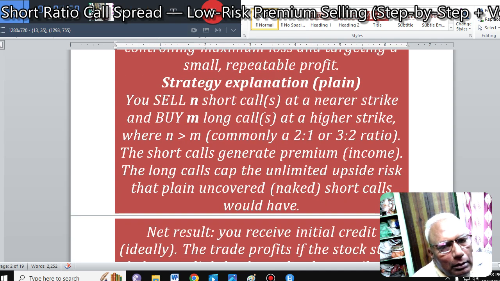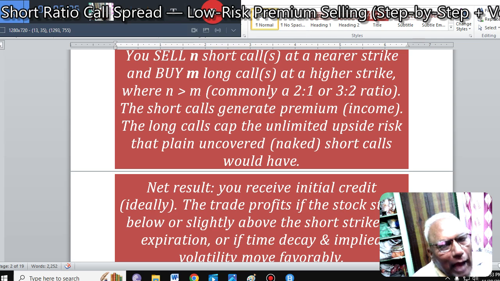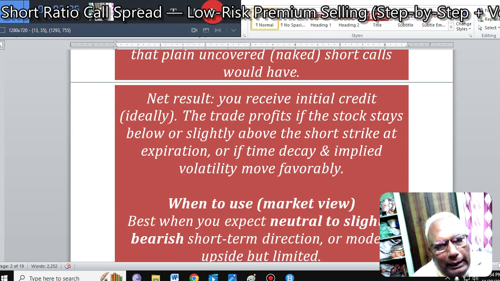The long calls cap the unlimited upside risk that plain uncovered naked short calls would have. Net result: you receive an initial credit, and ideally the trade profits if the stock stays below or slightly above the short strike at expiration, as time decay and implied volatility move favorably.